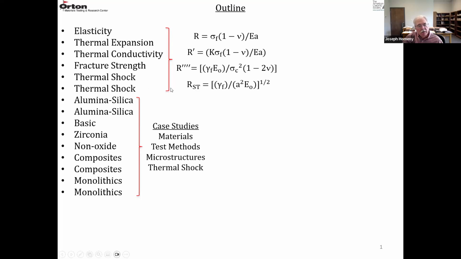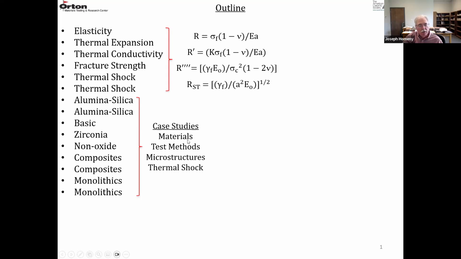So when we finish the theory, we'll go over all these different refractory systems: alumina silica, basic refractories, zirconia-based refractories, non-oxides like carbon, silicon carbide, and silicon nitride, the carbon matrix composites, and then monolithics. So what I put together here are a series of case studies.